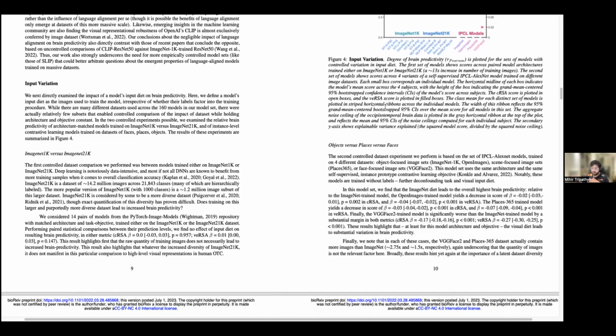There was a decrease in brain predictivity scores when using datasets which are specialized. And for VGGFace2, it was even worse.